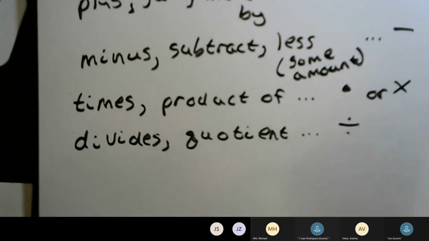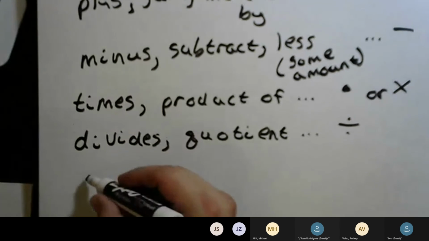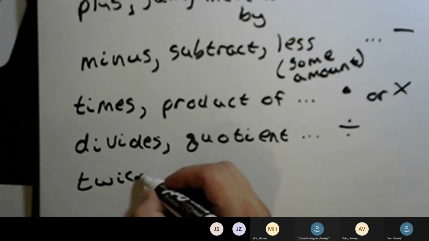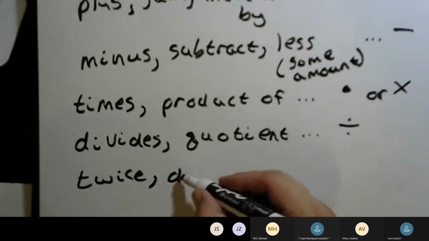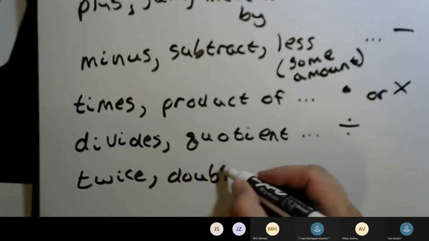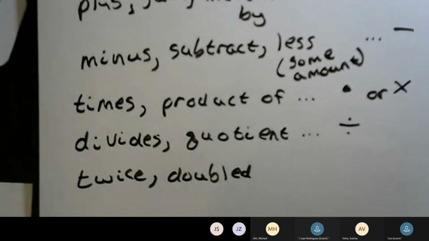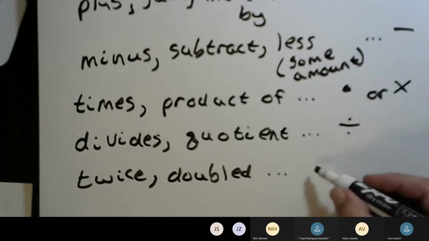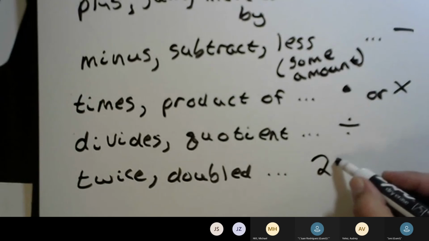That's going to be division. You might see something like twice or doubled. This means 2 times.